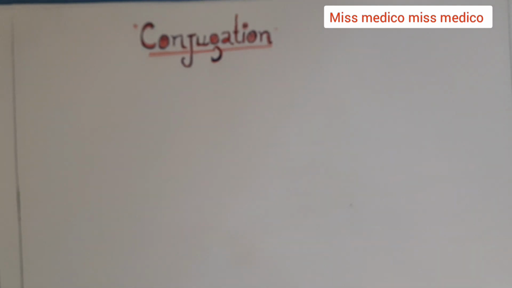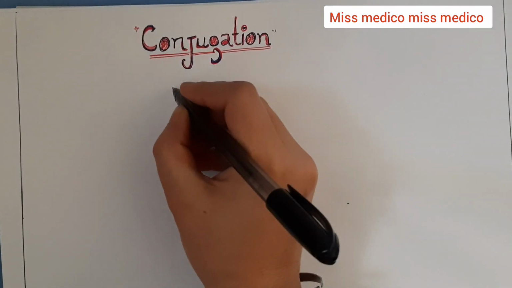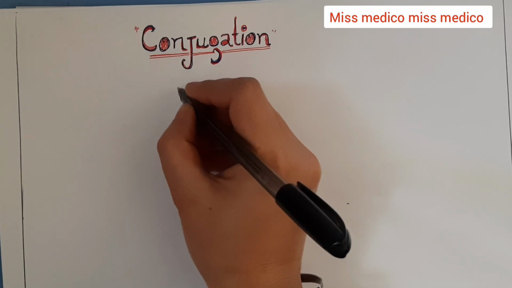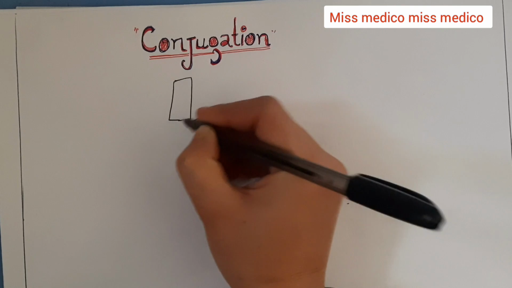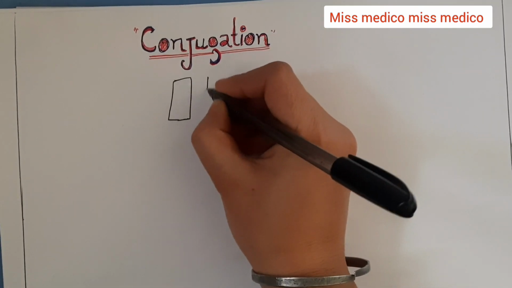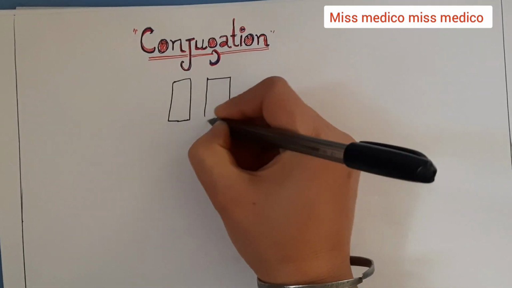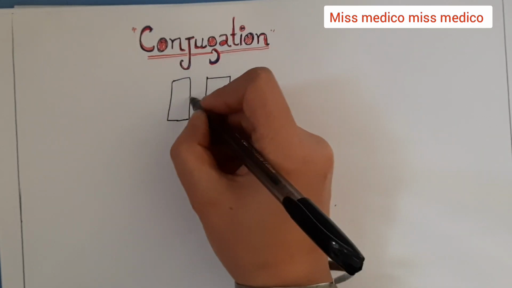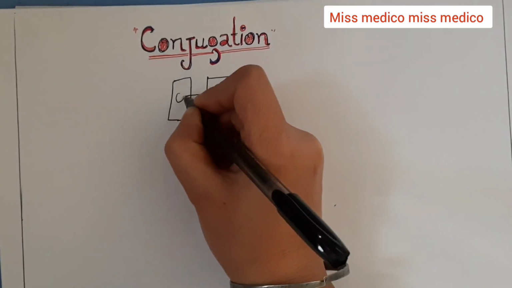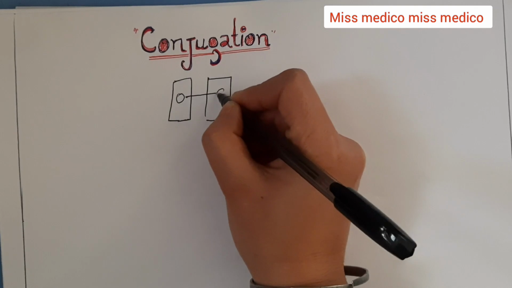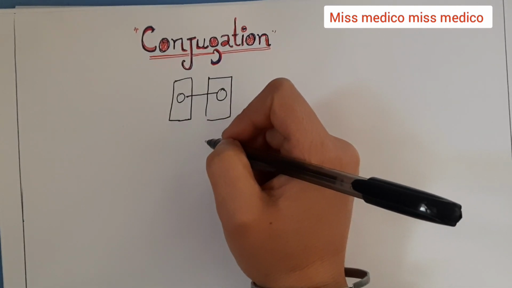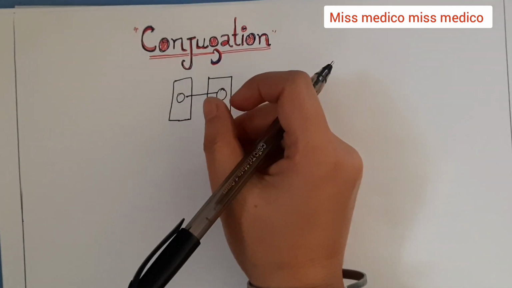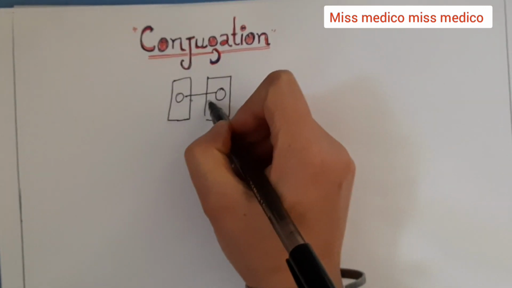In conjugation, the DNA is transferred from one bacterial cell to another bacterial cell directly, by cell to cell contact.